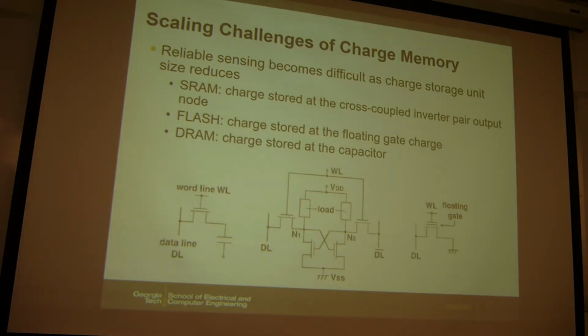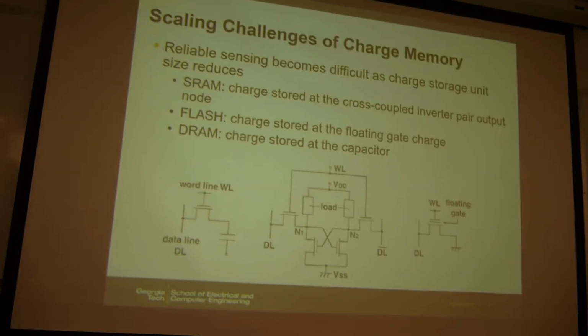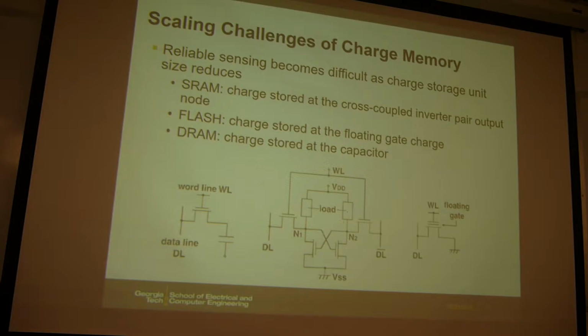That means you fundamentally will have a limited number of charges you can store in that space. So that becomes the challenge for scaling. Many of those previously discussed challenges are associated with the scaling of the space for the charge storage.